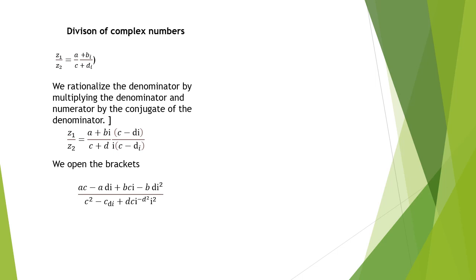We get ac minus adi plus bci minus bdi squared over c squared minus cdi plus dci minus d squared i squared. Remember, where there is i squared, we place -1. Now when we replace it, it becomes ac minus adi plus bci plus bd over c squared plus d squared.